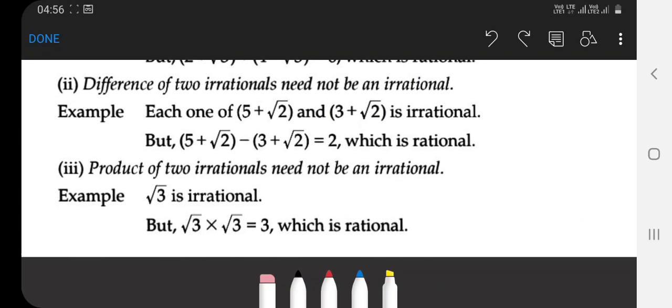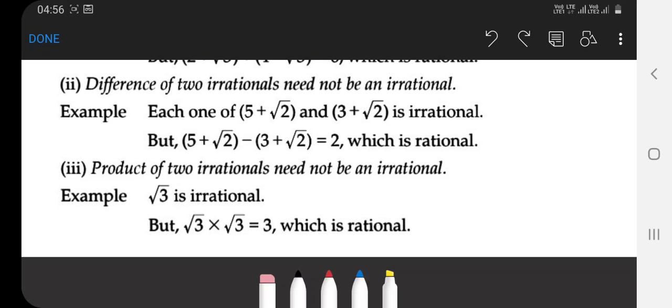The next rule: always remember that the difference of two irrational numbers need not be irrational. Either the result is rational or irrational.